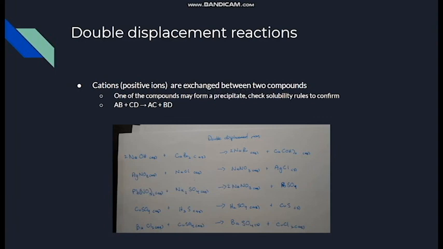Taking a look at the next reaction, silver nitrate plus sodium chloride combine to form sodium nitrate and silver chloride. Silver replaces sodium in sodium chloride, sodium replaces silver in silver nitrate, and this forms sodium nitrate, NaNO3, and AgCl or silver chloride. The next reaction, lead 2 nitrate plus sodium sulfate combine to form sodium nitrate and lead 2 sulfate.